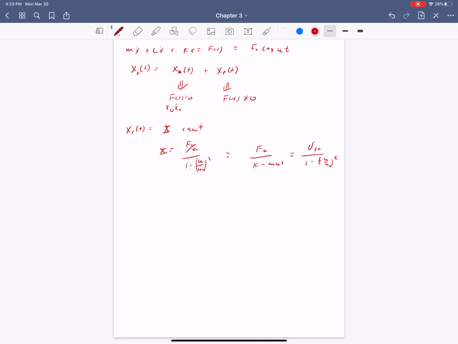So that's one version of it, okay? We also introduced another form of x of t equaling f naught over m. I don't know why they put it there, I think it's just for scaling. 2 epsilon omega sine epsilon t sine omega t. Okay?